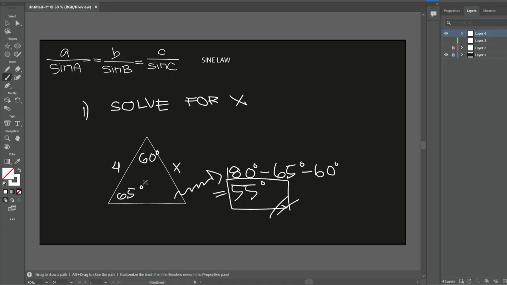So 65 is here because 65 is the opposite of x, 60 is here, and 4 here. So let's start with x. Sine 65, equal sign, 4. And 4, what's opposite of 4?